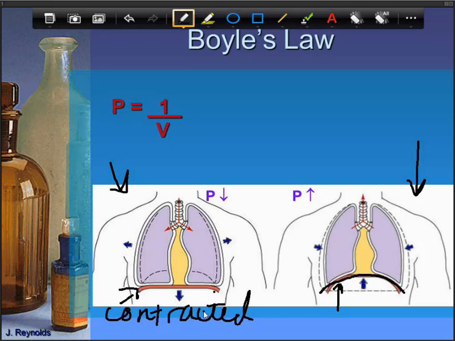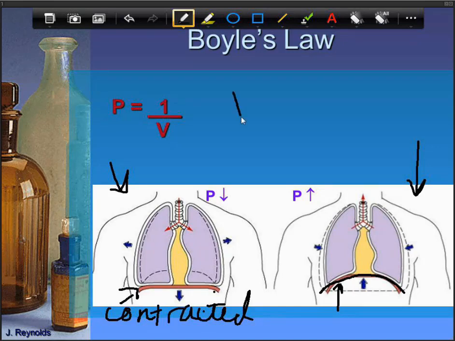Okay. Now, the lungs are in purple. They're in a thoracic cavity. So when your thoracic cavity expands in size and your lungs go out with it, remember the adhesion at the pleural cavity? The lungs will get bigger, correct? So what happens to the volume?